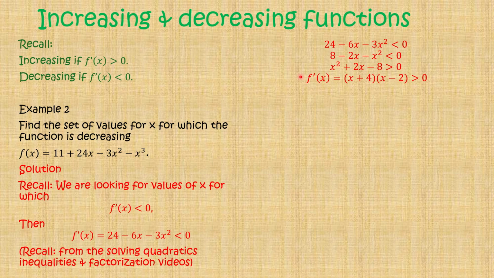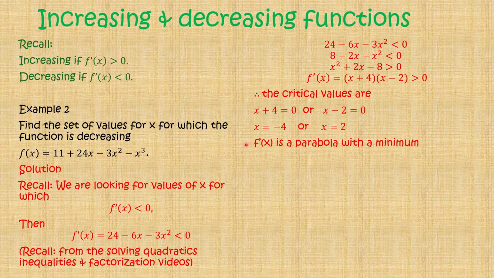This is from the factorization method of quadratics that we covered on Numbers Simplified. Therefore, the critical values are obtained by setting x plus 4 equal to 0 or x minus 2 equal to 0, so that we get x values of minus 4 and 2. f prime of x is a parabola with a minimum point.